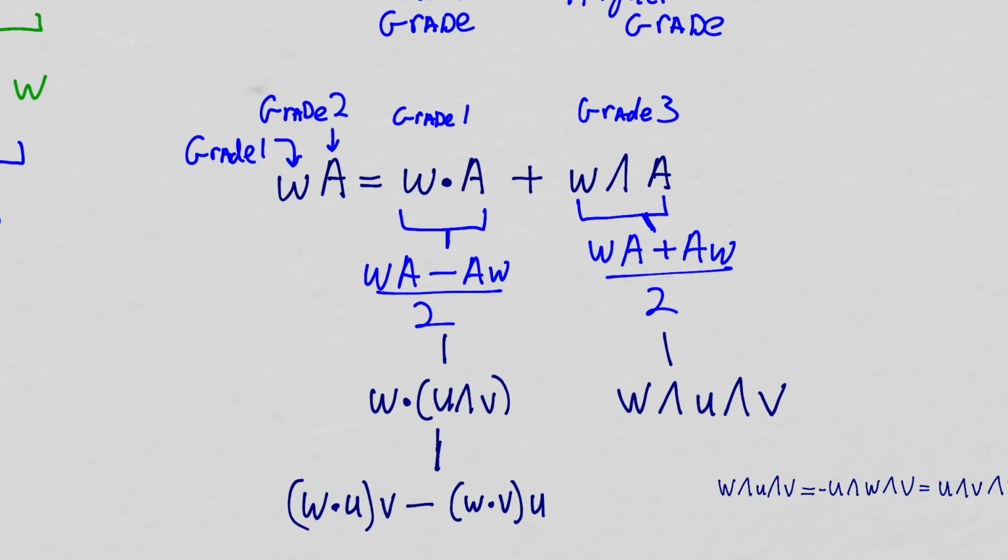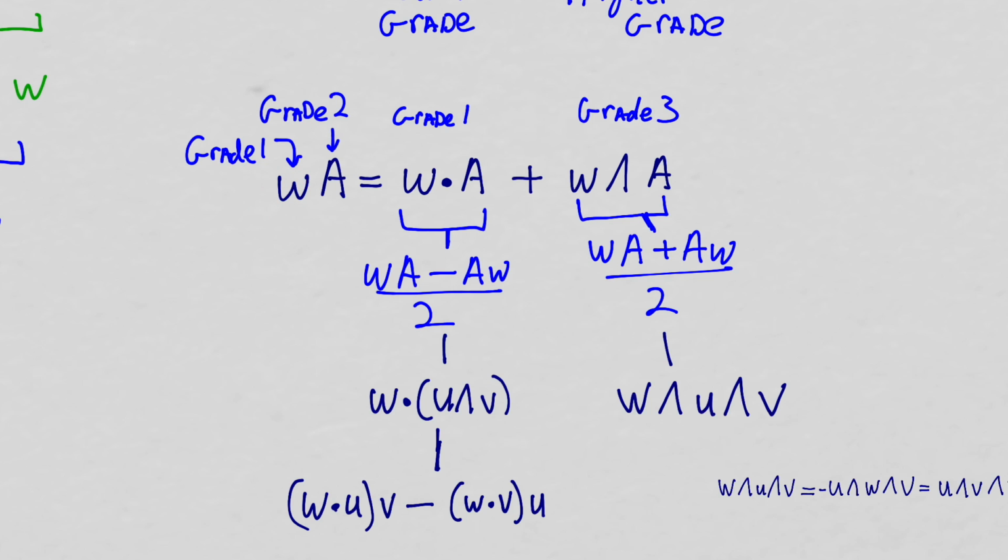So what we're saying now is that the dot product is the piece of this spacetime product that lowers the grade by 1. And the wedge product is the piece of the spacetime product that raises the grade by 1. And this can be done whenever you have a vector as part of the spacetime product.